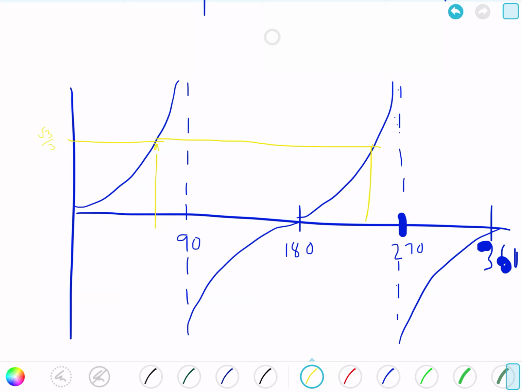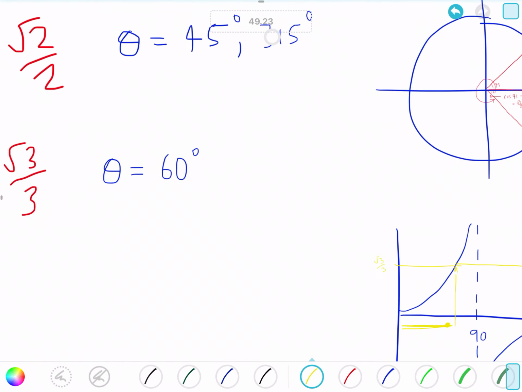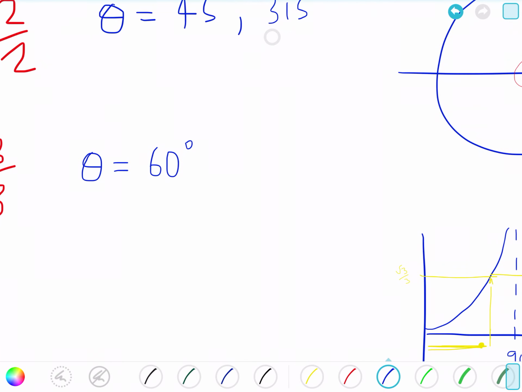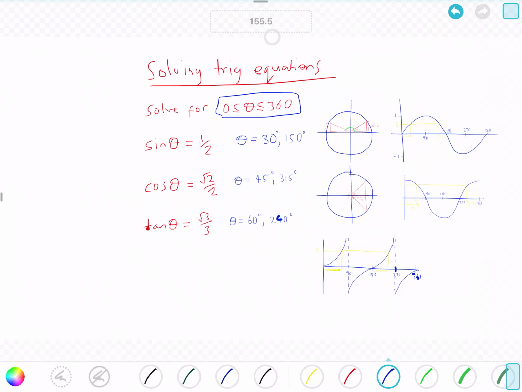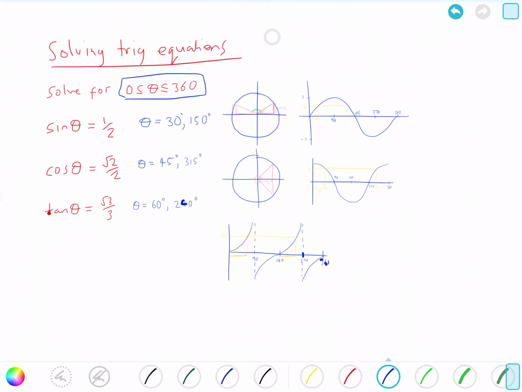Now, using the fact that tan repeats after 180, all we have to do is add on 180 to our answer, because this distance is the same as this distance, it's just 180 degrees further on. So we just have to do 60 plus 180. So 180 plus 60 is 240. So there you go, that's how you solve basic trig equations and find the two solutions.